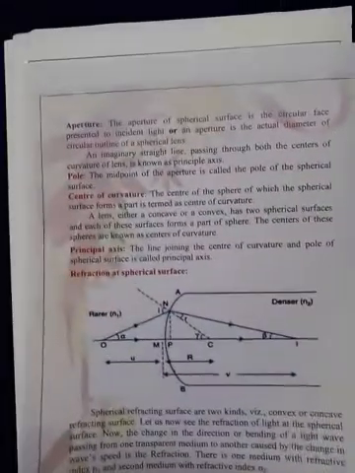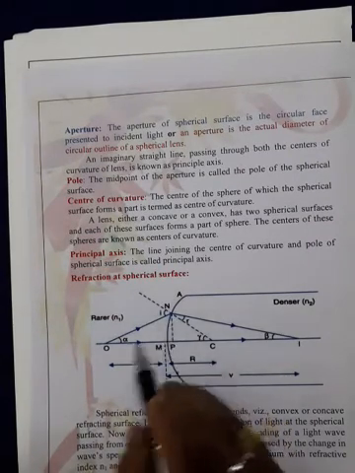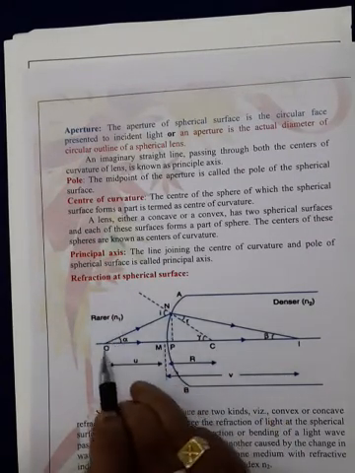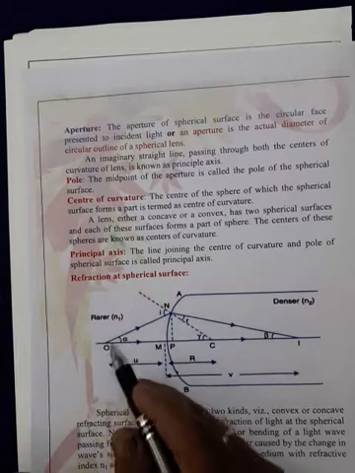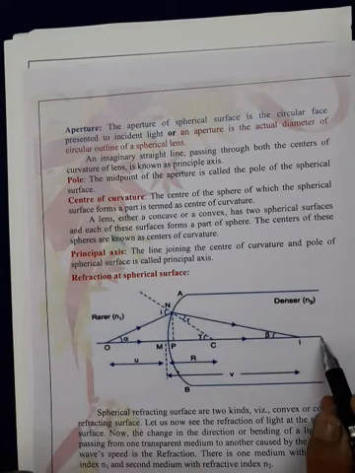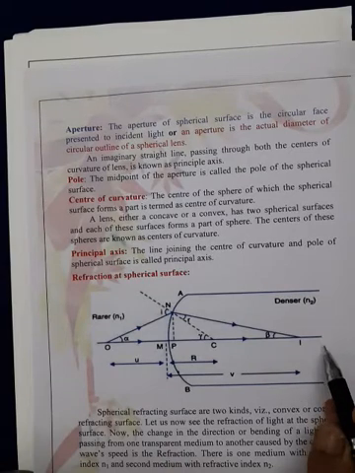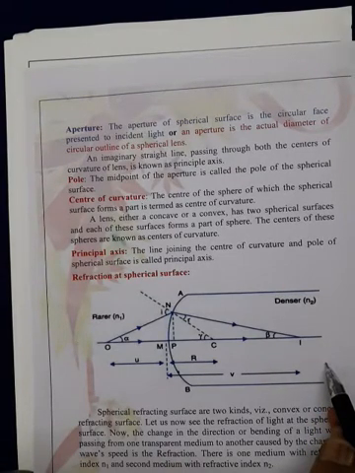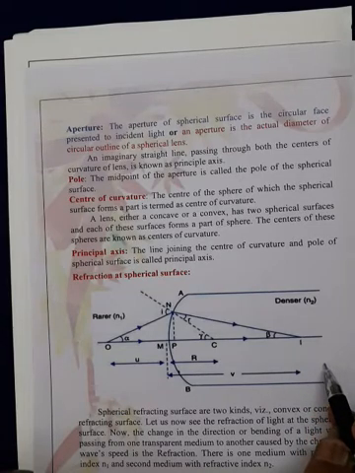Suppose I measure the size of the object above the principal axis, then I can take it as positive. If the image is coming here, and I measure the image towards the downward side from the principal axis, then I have to take it as negative.